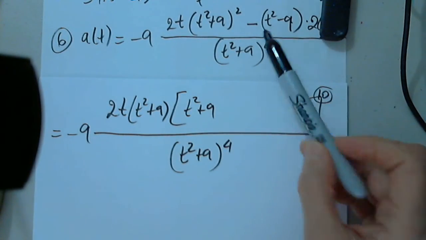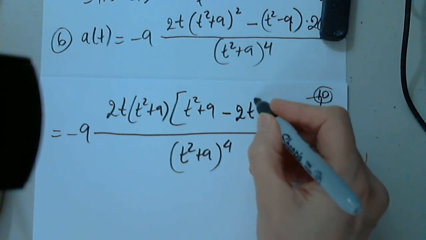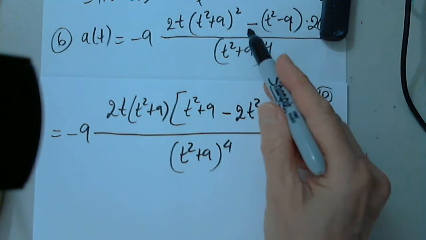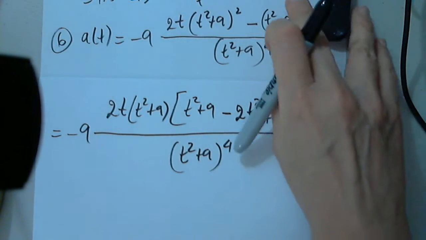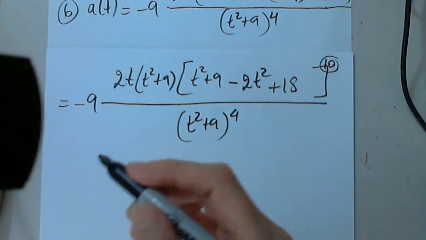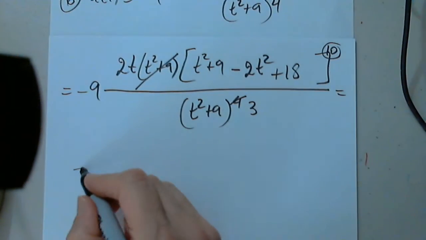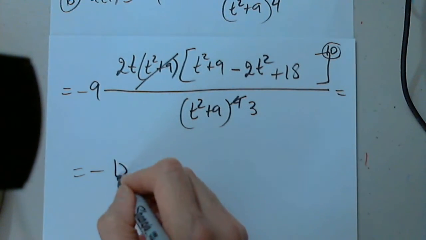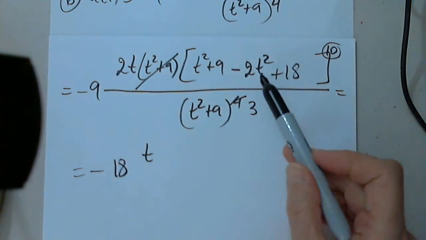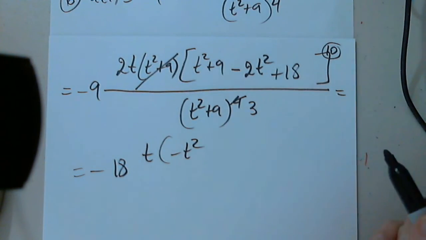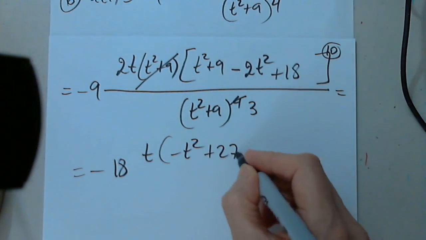So I have 2 times t squared and 2 times negative 9 with minus in front. Now I do this. Negative 18t. Negative t squared plus 27.